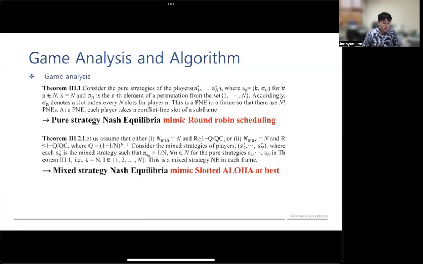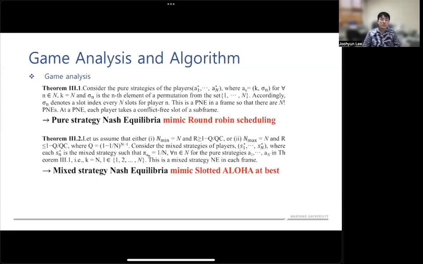And we were able to find two types of Nash equilibria. The first one is pure strategy Nash equilibria, which means that each user chooses one action deterministically with probability 1. That pure strategy Nash equilibria is such that each user chooses a different time slot in a subframe.